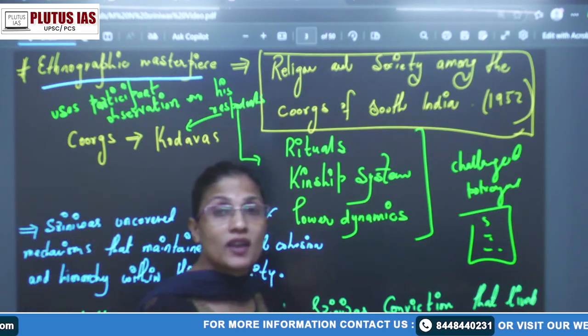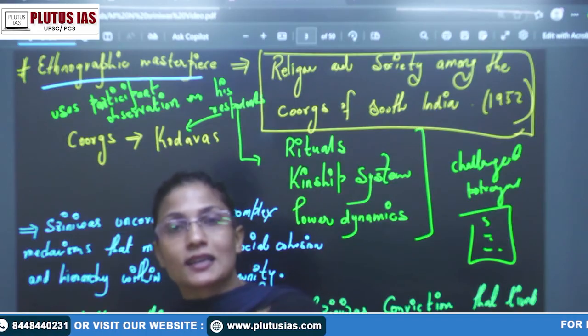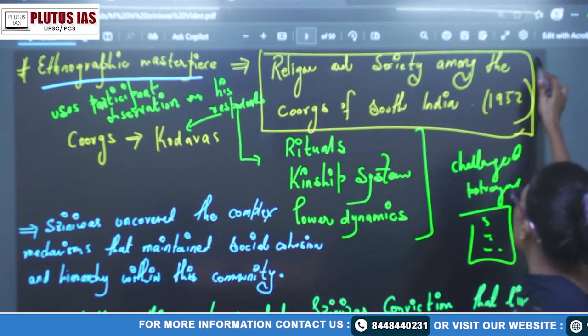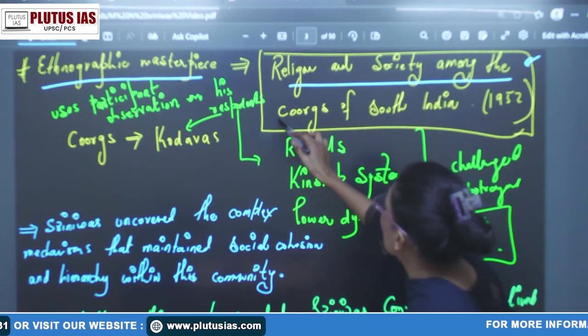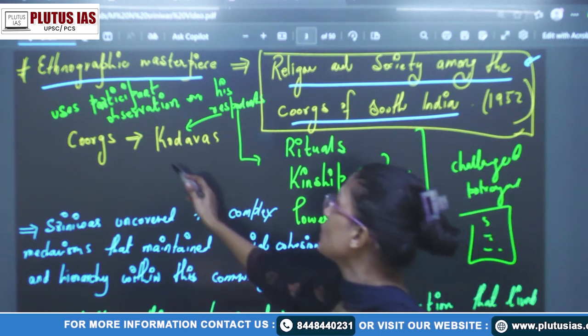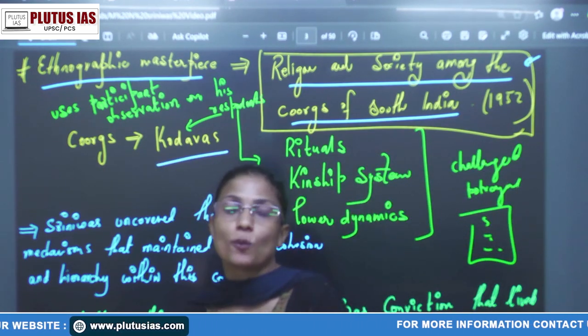In this work, Srinivas showed how empirical studies or data can be collected to examine Indian society. It was reflected in his work Religion and Society among the Coorgs of South India, 1952. The Coorgs are Kodavas. Here he has used participant observation.